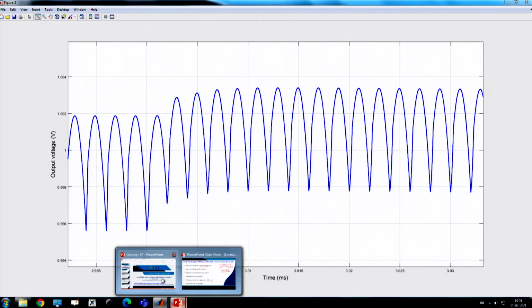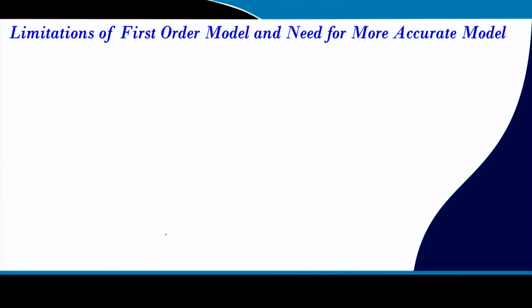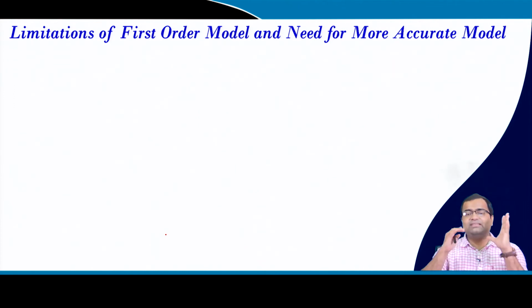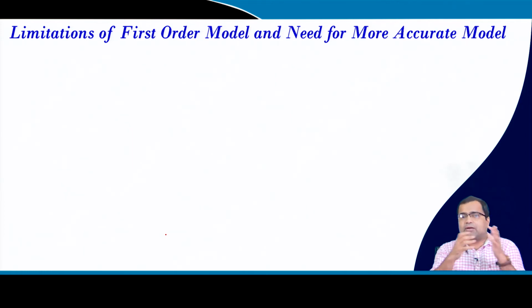Okay. So we have checked, but we have identified the limitations of the first order model. There can be inaccuracy whenever the load current is light, because then the average is not the same as the peak. That is one. Second, here we have not considered the modulator gain. Even if you use a very low ramp value, the model will significantly deviate as the ramp slope increases, because there is no provision in our model to accommodate the ramp.